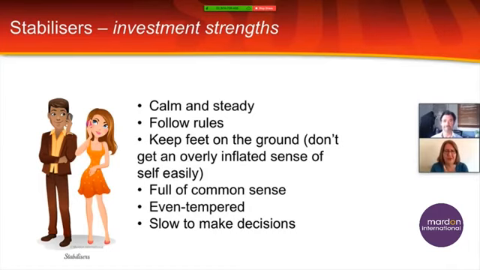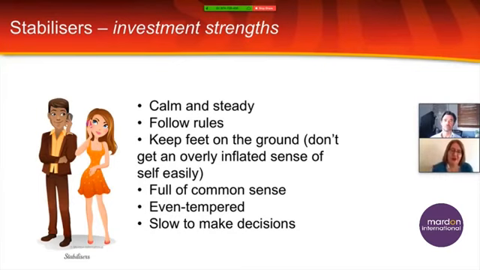They're really good with following the rules because it helps keep them safe. It helps keep them with their feet on the ground. They don't have an overly inflated sense of self. It's not all about them. It's about the harmony, and it's about achieving what needs to be achieved together. It's a real relational subpersonality style.